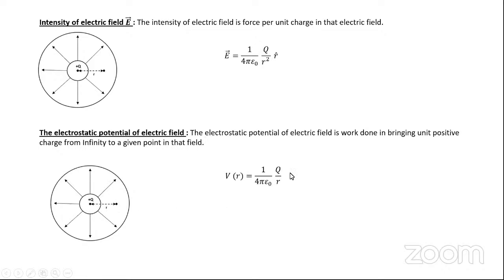So we have to multiply this E by r. The r square will get cancelled with that r, and only r will be there in the denominator. So the electrostatic potential produced by plus charge q in the vicinity of the charge is given by V(r) is equal to 1 upon 4 pi epsilon 0 q divided by r. So this is what we are having.